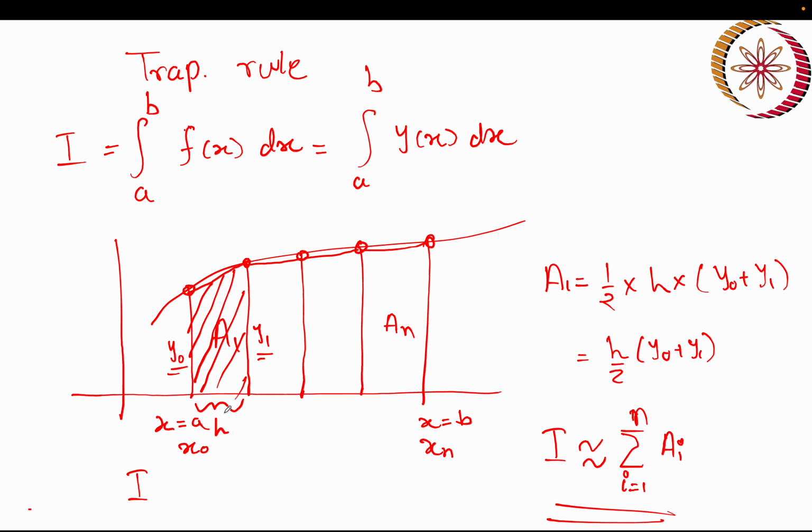In that case, you can see that the interior sides will be considered twice, but the starting side, which is y0, and this, which is yn, will be considered only once. So the composite rule will be y0 plus 2 times (y1, y2, till yn minus 1), and finally yn.